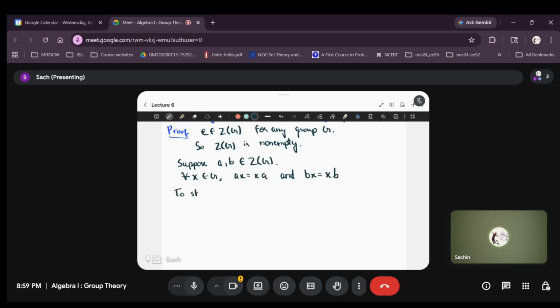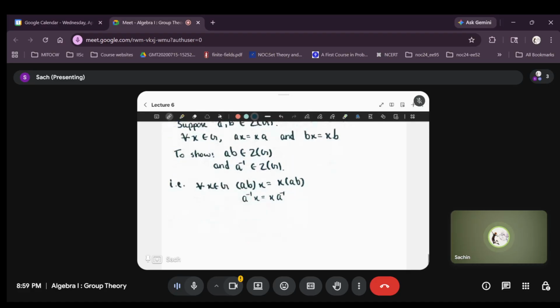What we have to show is that AB is in Z of G and A inverse is in Z of G. That is, for all X in G, ABX is equal to X times AB and A inverse X is equal to X A inverse. That's what we have to show.